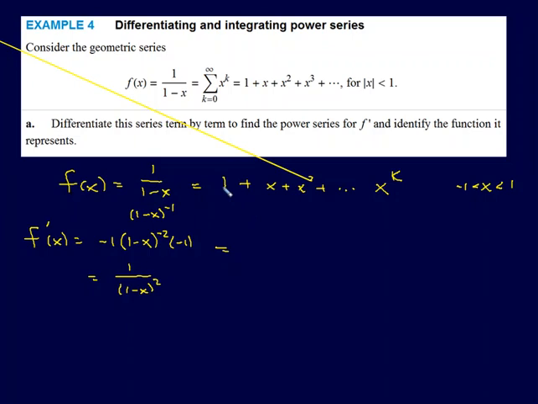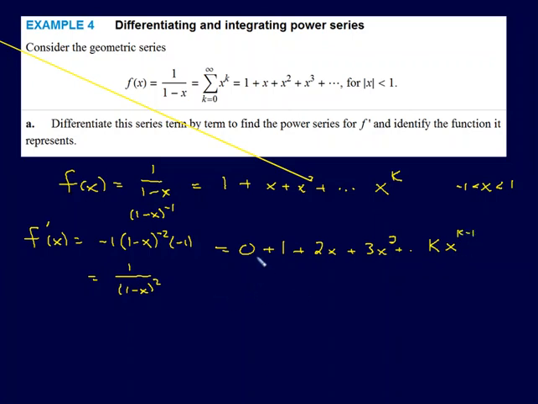Now, on the other hand, we'll just go term by term and find the derivative of this power series. Well, the derivative of the 1 will be 0, and then I'll have the derivative of x, the derivative of x squared, and the derivative of x cubed, which is 3x squared. So for the general term, I can just find the derivative of x to the k, using the general power rule. Bring k down, and now the power of x is k minus 1.